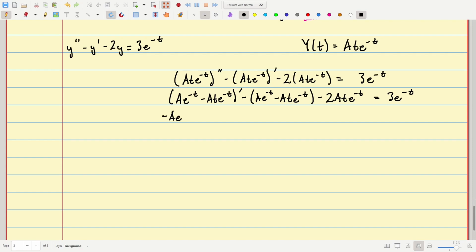We get minus a e to the minus t minus the quantity, repeat it again for the derivative. So tedious, it's a lot of copying, but it's not hard.